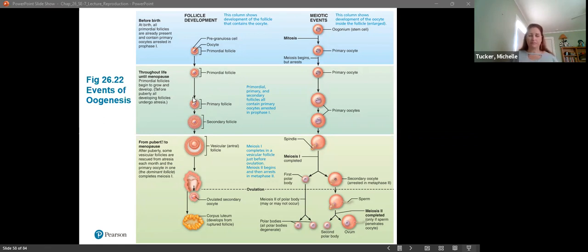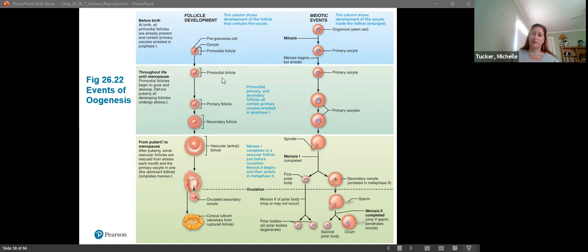Then one will become dominant. That dominant one continues from secondary follicle onto a mature Graafian or antral follicle. Then ovulation occurs. This is about day 14 of the cycle, which we'll go into. The oocyte is ovulated, and the mature follicle develops into a corpus luteum. So this is the follicular cycle.